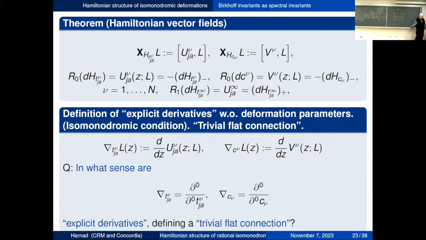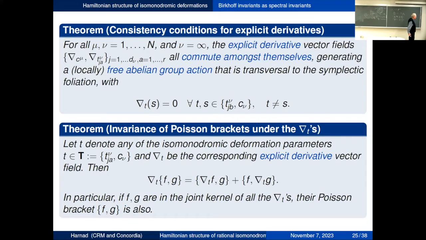I'm using that as a definition, and I don't have time to follow it up. So I have to come with the sort of grand conclusion. All of this is consistent. The various explicit derivatives really do represent vector fields which commute amongst themselves. They're not so explicitly seen as they were in the two examples, but they are functions of the phase space.